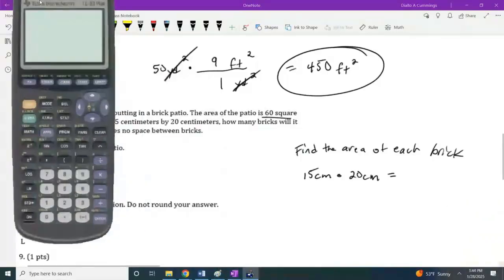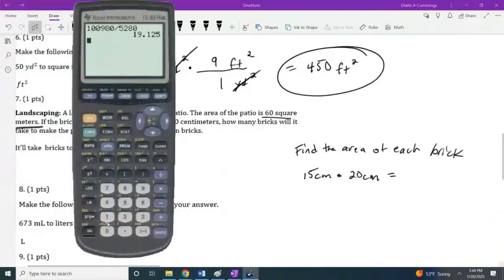Well, 15 times 20, if I multiply it up, I believe that should give us 300. When you multiply centimeter times centimeter, you get square centimeters.